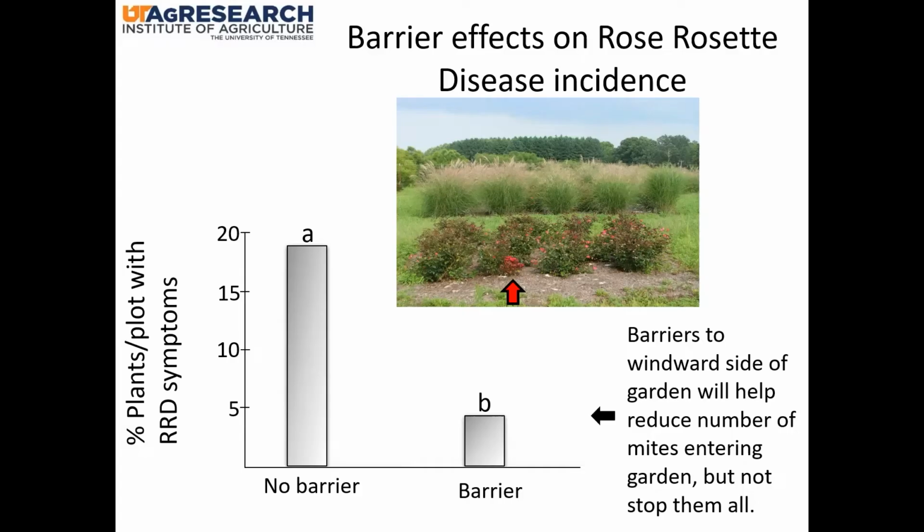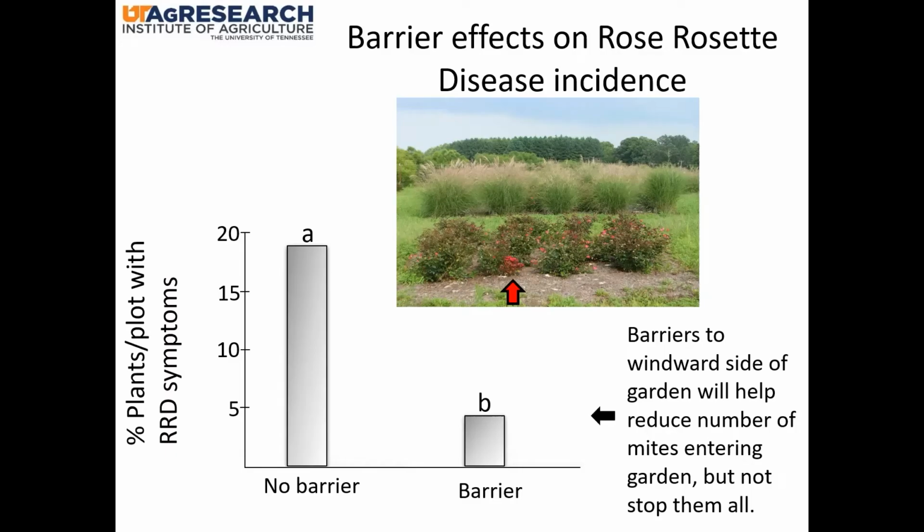And that graph is a summary graph of evaluating fast-growing grasses, non-host for the virus. And we were trying to see if we could use grasses instead of a fence, which you could use as well. This grass got to be about 7 feet high and grew very dense together and formed a great barrier.